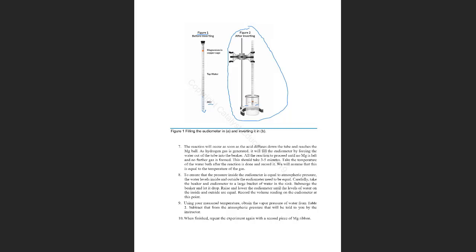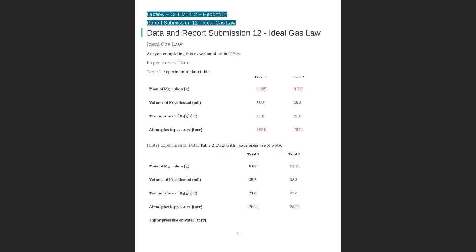So let's look at the report that we have to complete. When you look at the report, everyone will have different data. You are provided with the following data. Look, everything that is in red is given: the mass of the magnesium, the volume of the hydrogen collected in milliliters, the temperature of the hydrogen, and the atmospheric pressure.